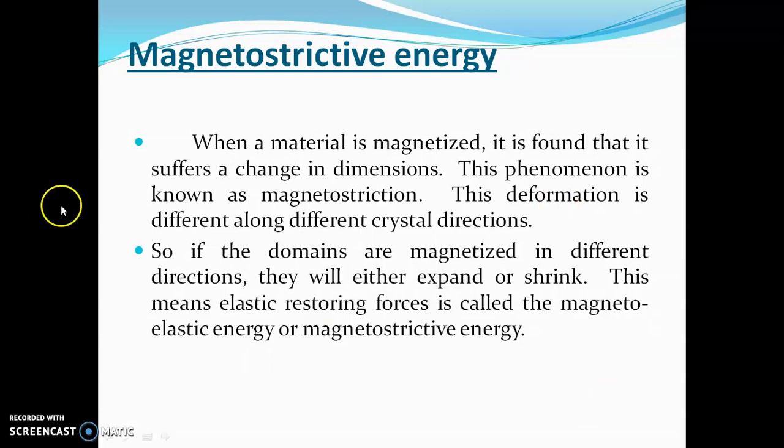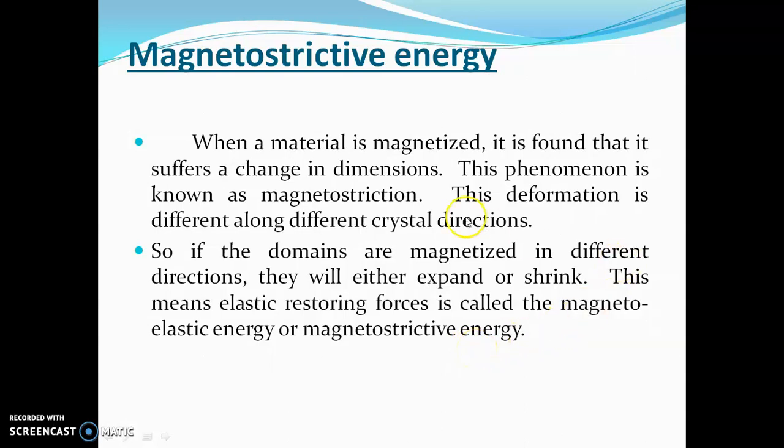This effect is called the magnetostrictive effect. The energy associated with this effect is called magnetostrictive energy. That is, the elastic restoring force in the material is called magnetostrictive energy.